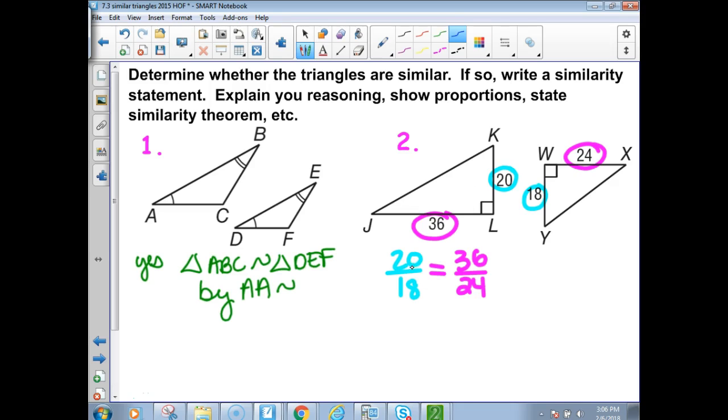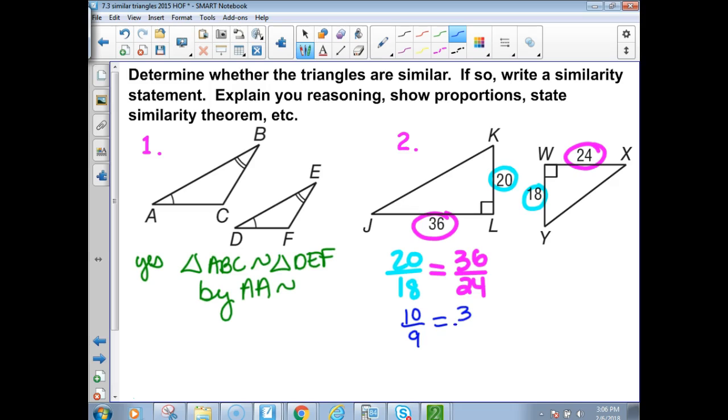I would like you to do it by reduction, not cross products, okay? You can do cross products and see if they're equal. Or you can just reduce. But since reducing is going to help me with a lot more of the problems, I want to reduce. So I can divide 20 and 18 by 2. That would give me 10 over 9. And then 36 and 24, I could divide both of those by 12.